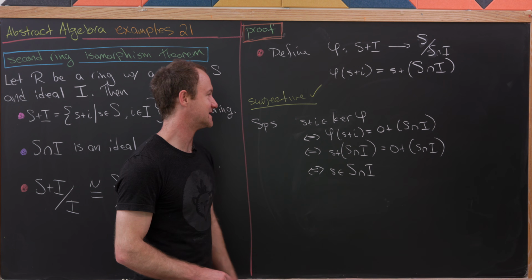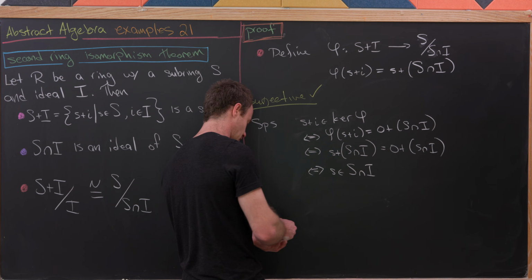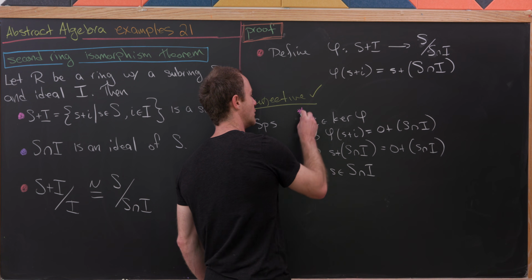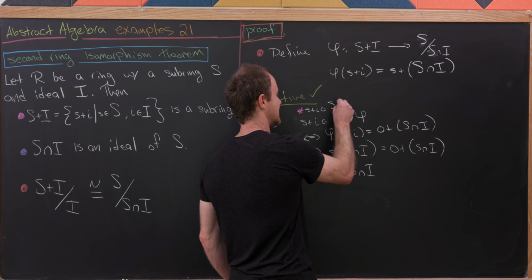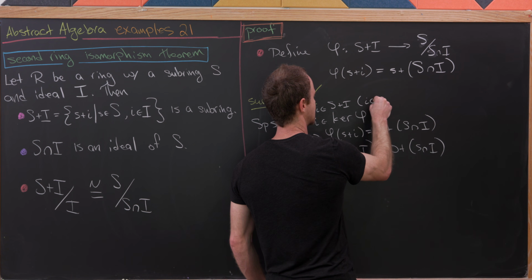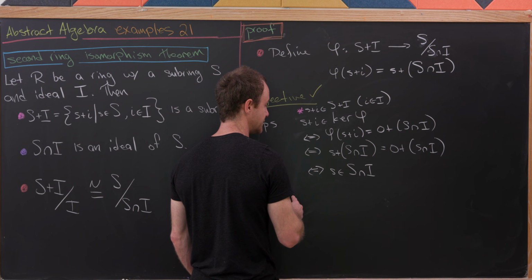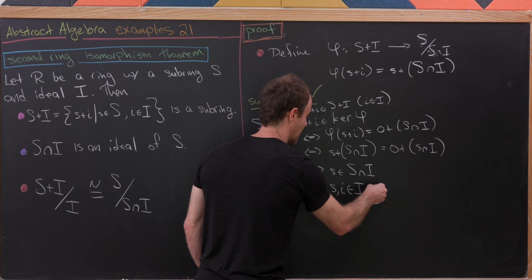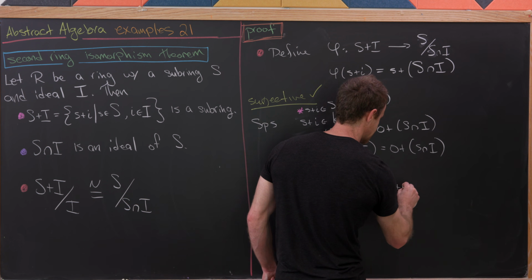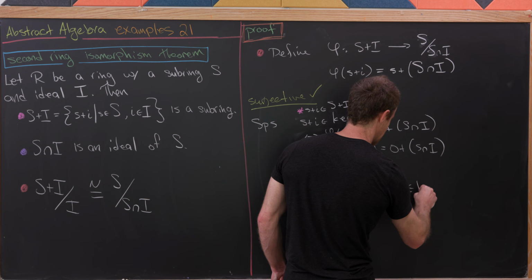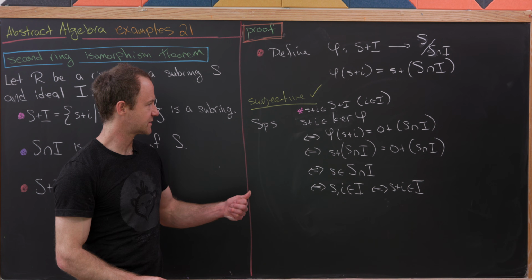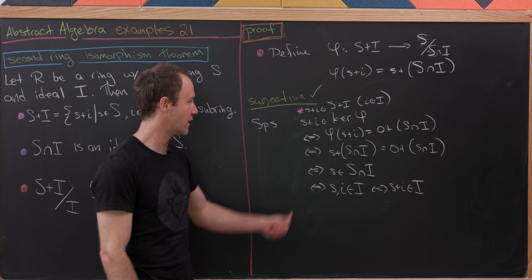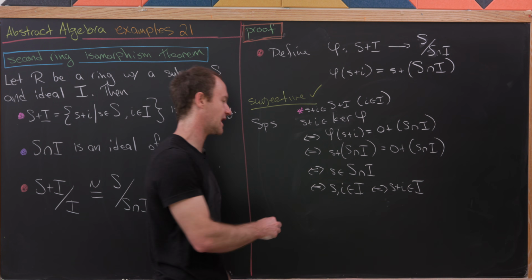Now if s is in S intersect I, and let's recall up here, just by the shape of the domain, we know that little i is in I, then putting these two things together, we'll see that s and i are both in I, which means that s plus i is in fact in I. Let's read this from the left-hand side to the right-hand side, and we've shown an equivalence between being in the kernel and being in the ideal.